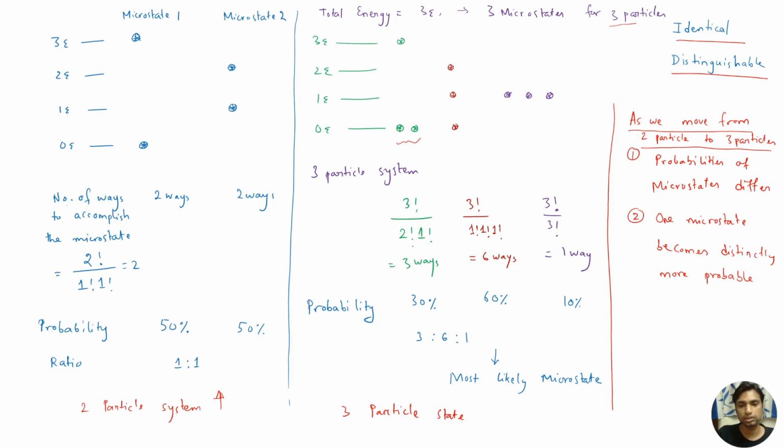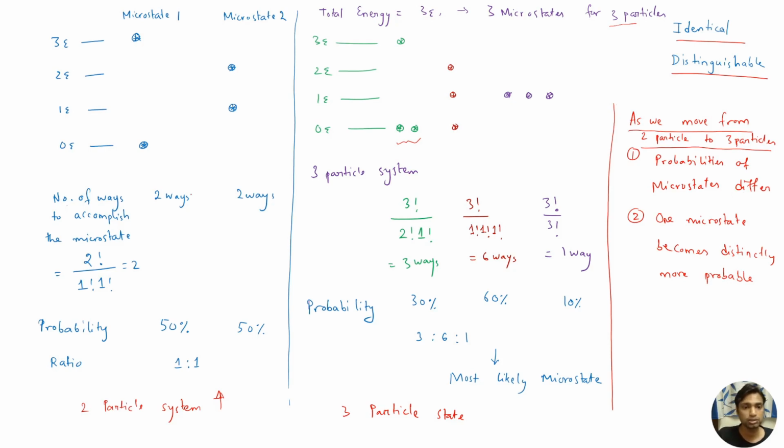If you calculate that, in the first case we get 3 ways, in the second case we get 6 ways, and here we get 1. The ratio of probabilities is 30% to 60% to 10%. Whereas in the two particle system there was a 50-50 probability of both microstates. So as we move from two particles to three particles, the probabilities of the microstates start to differ.